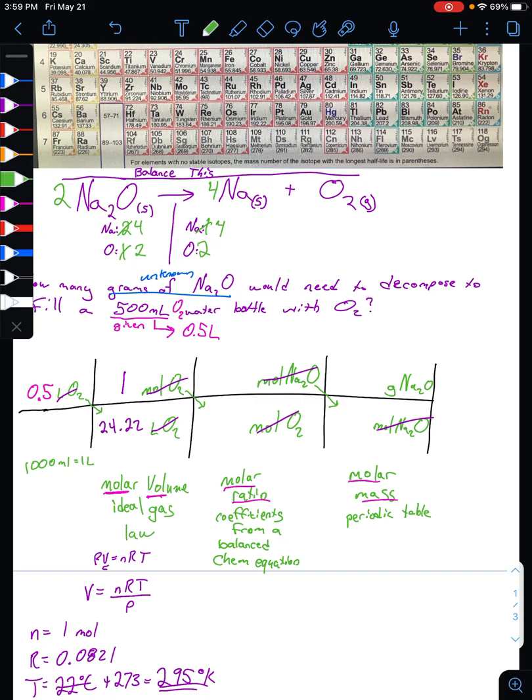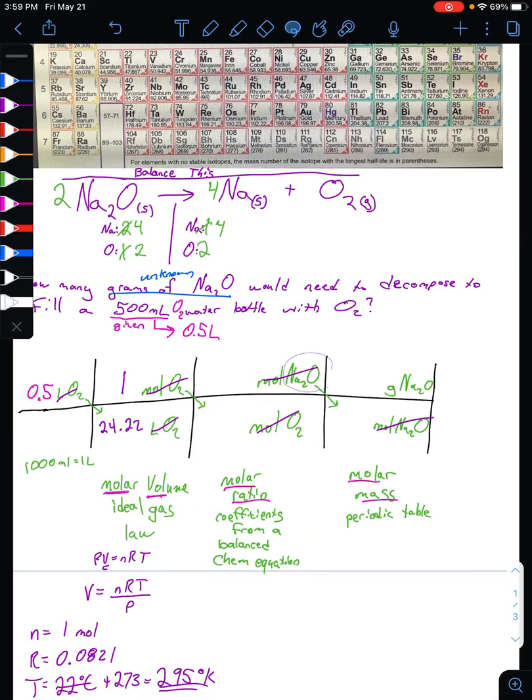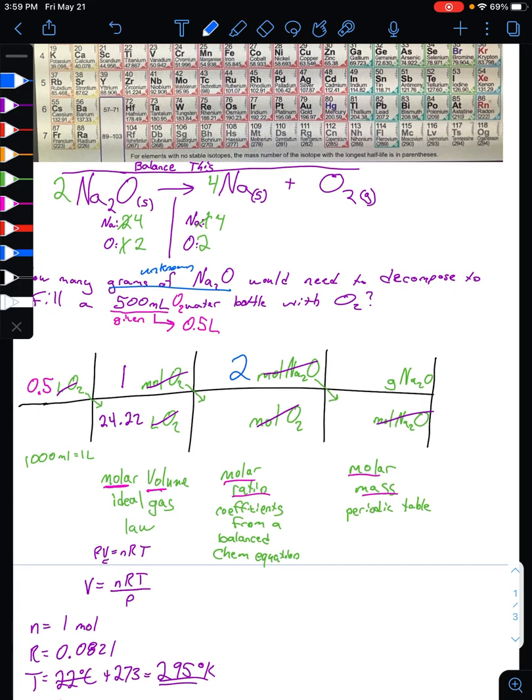So to set this one up, I need to pull the coefficients. Pull coefficients from a balanced chemical equation. All right, can do. Let's look at Na2O first. Here's your coefficient for Na2O. So this is going to be a 2. And then find the coefficient for O2.